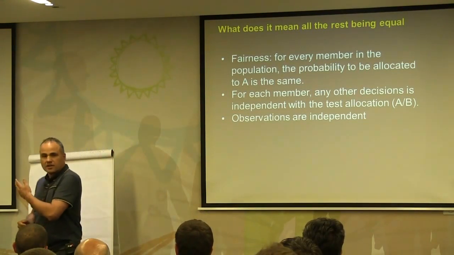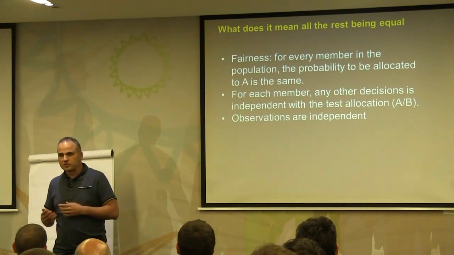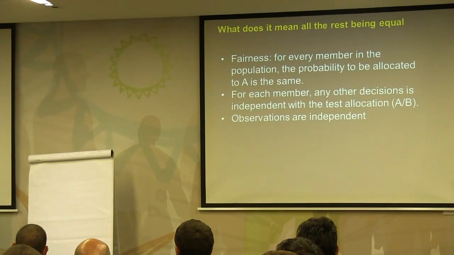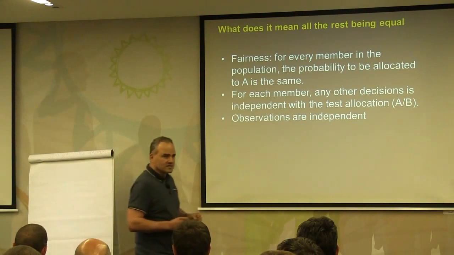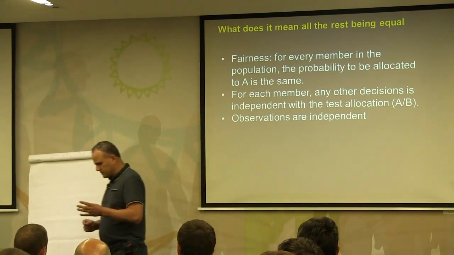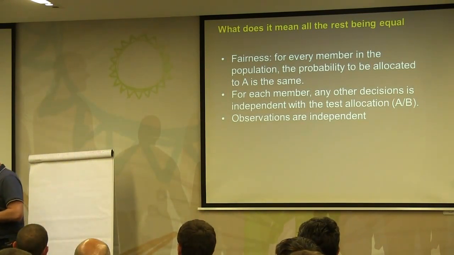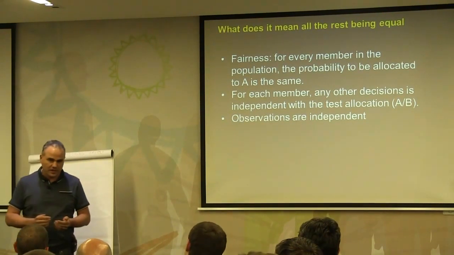In this case, we said the conversion. So the probability to convert or not convert, you assume it's the same for all the participants that were subjected to A or B, and that they are independent. It's typically marked as IID, independent, identically distributed.